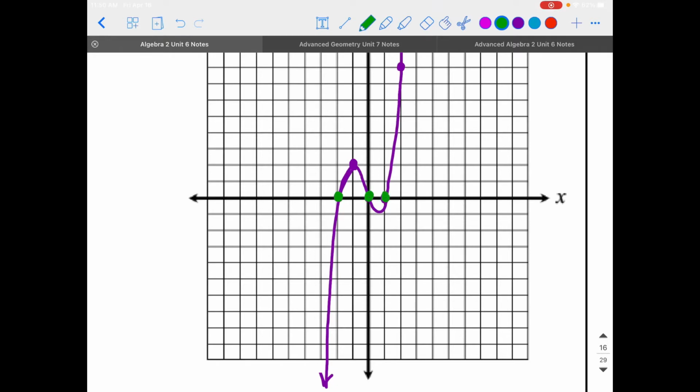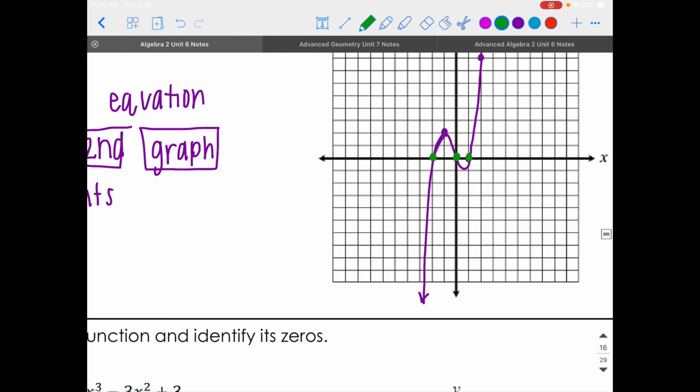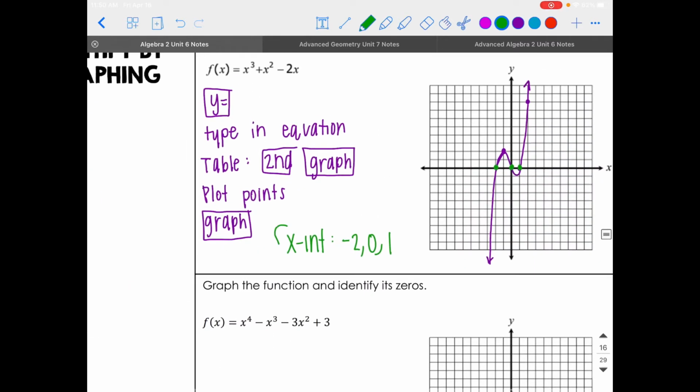Here's one, and there's one. They are at -2. So the x-intercepts are at -2, 0, and 1. Oh, that was ugly.